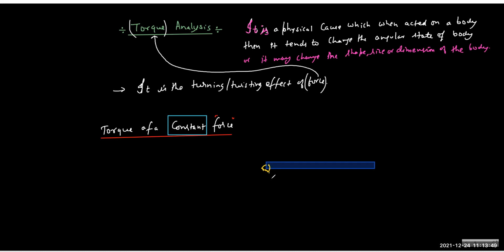So the end part is hinged. Let's say we have a rod of length L and mass M, and it is hinged about one of the ends. And now near the other end, you apply a force.